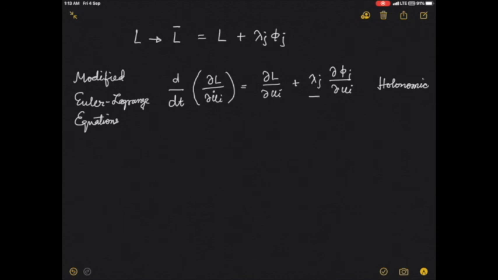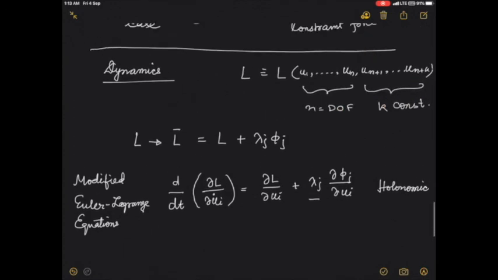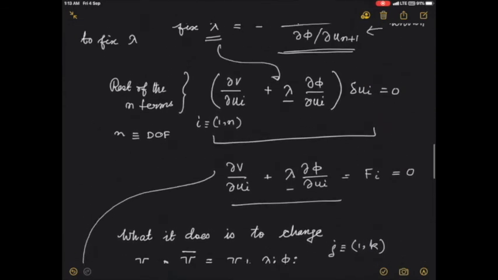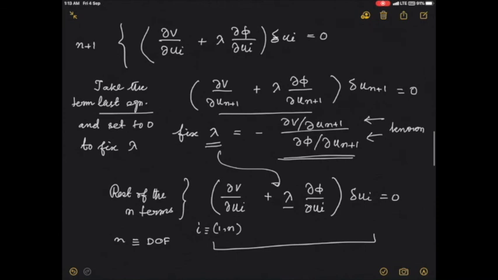Remember how you fix lambda j? You fix lambda j exactly the same way. So you go to the excess coordinate system, and for that excess coordinate system you say that lambda is del V by del u_(n+1), divided by del phi del u_(n+1). That is the first lambda. If you have two lambdas, you go to n plus 2, and with three constraints you will go to n plus 3, etc. So you'll get all the lambdas.